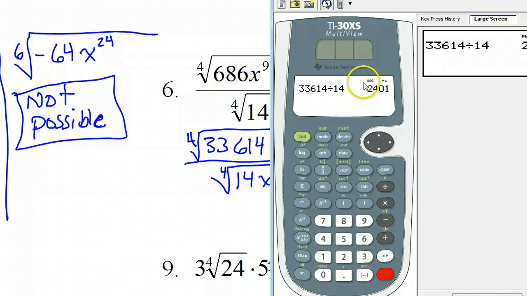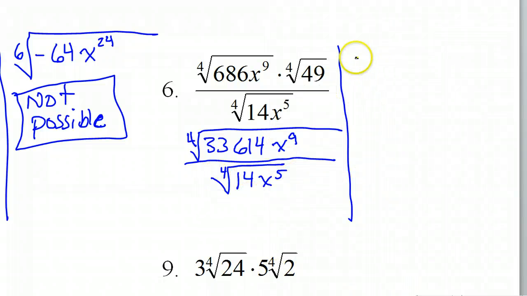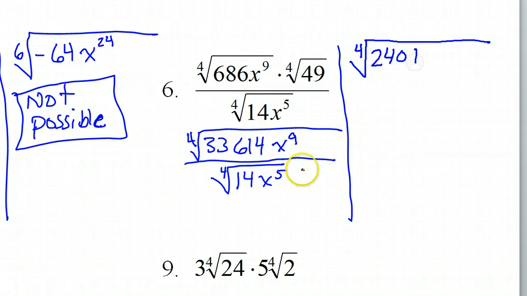Oh, look, it is. 2,401. So we will get the fourth root of 2,401. Now, what about these variables? Any guesses? That is going to be x to the fourth power. Again, you subtract, or you can think of it as canceling out 5 of the x's.